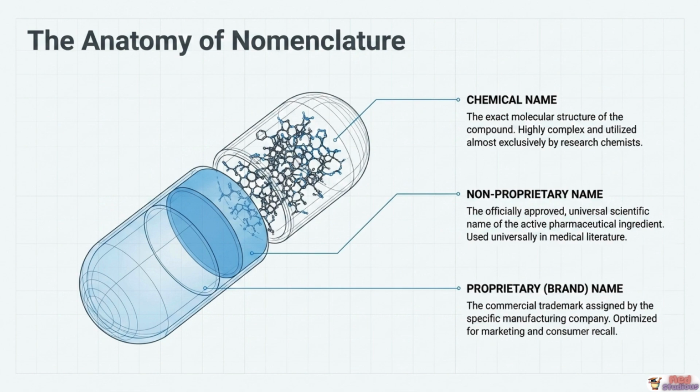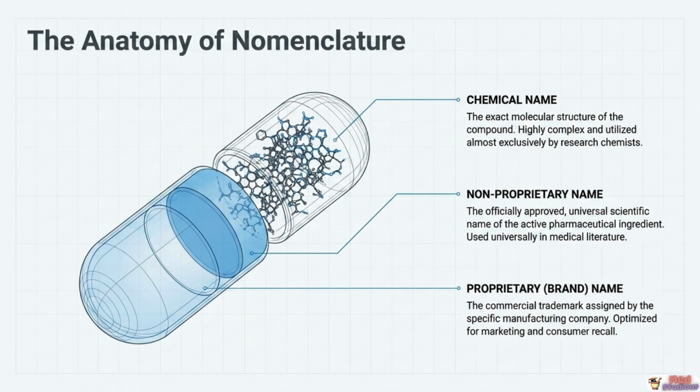The second name is the non-proprietary name, also called the International Non-Proprietary Name, or INN, assigned and standardized by the World Health Organization for universal use in medical literature, clinical trials, regulatory submissions, and scientific communication worldwide. This is the name that appears on all clinical prescriptions, drug formularies, pharmacopoeias, and examination answer papers. It is the name every medical student must learn first and remember permanently.